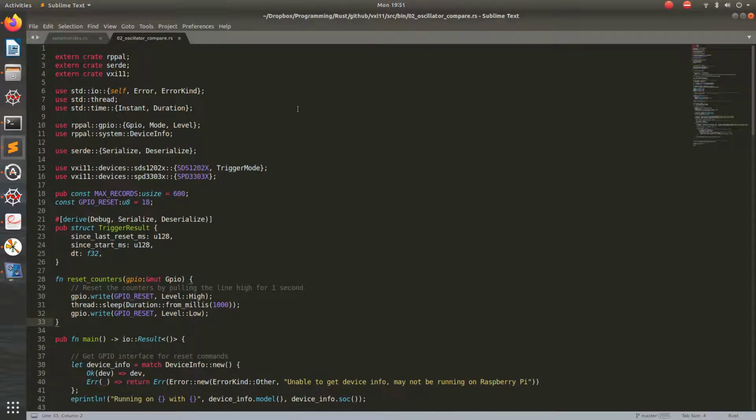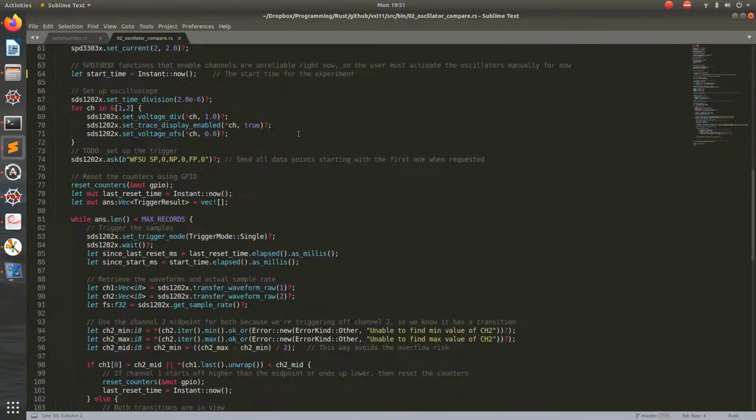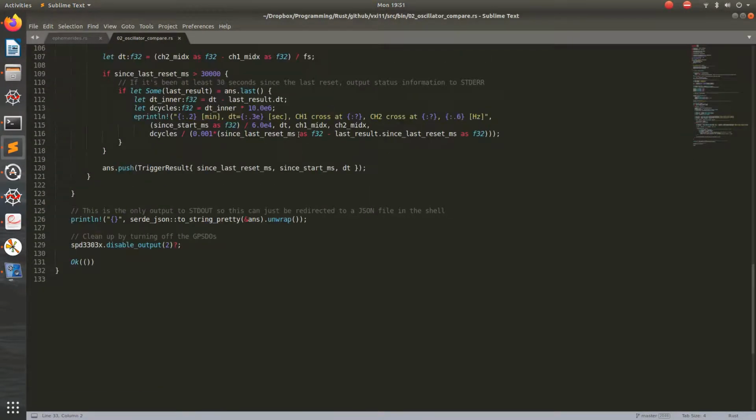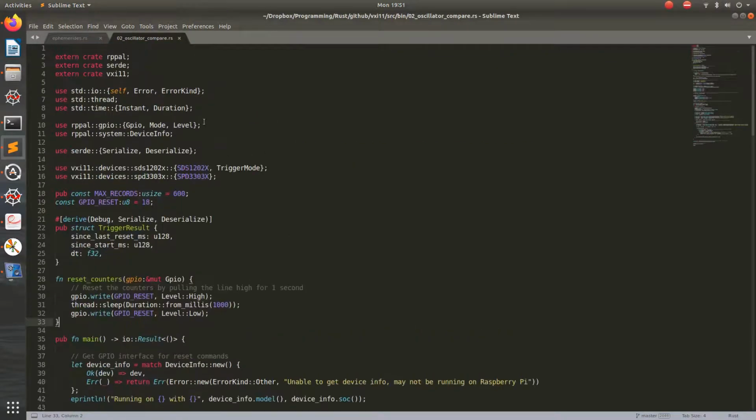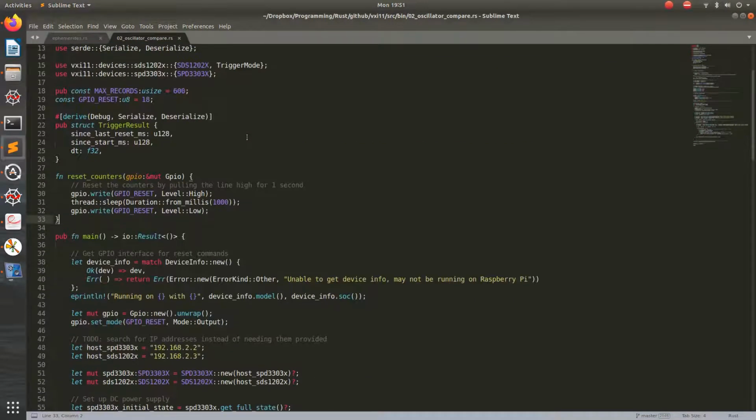So this is the code that actually runs the experiment, and I think it might be a little bit longer than the previous example, but it's still pretty short. It's only 130 lines or so. Up here at the top we've got all the imports and everything, and then below that we define a struct that we use to store the trigger result. Every time the oscilloscope triggers, we produce one of these.